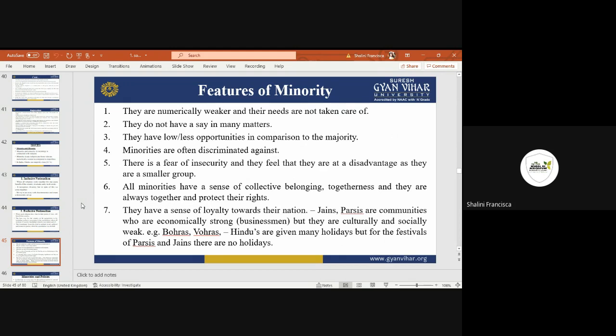There is a fear of insecurity, and they feel that they are at a disadvantage as they are a smaller group. Unity is strength, and when the majority is there, then its opinion is considered right. When the majority people come together, the same thing happens here also.